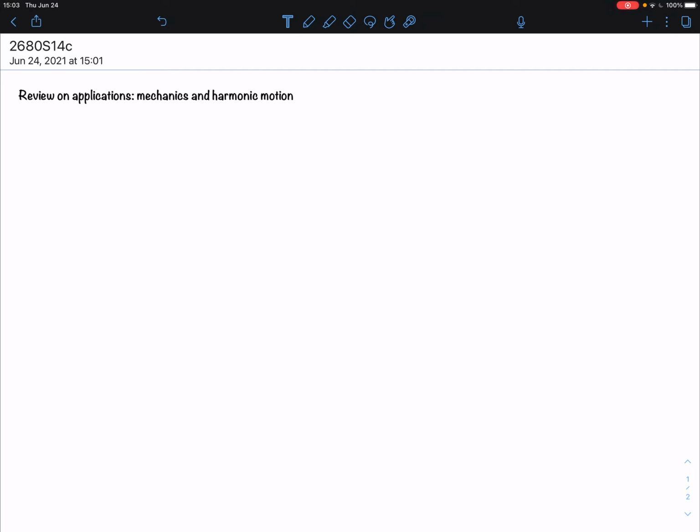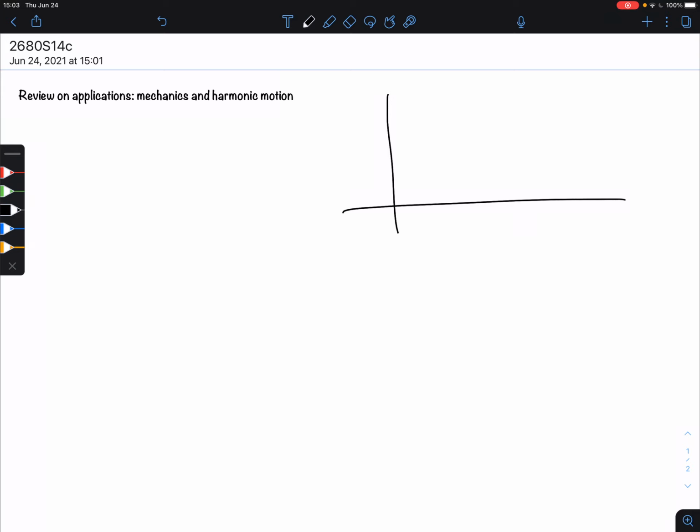And so let's start with the mechanics, and this is often, not always, the situation: we are somewhere and we are either launching something or dropping something, and so this is y then.